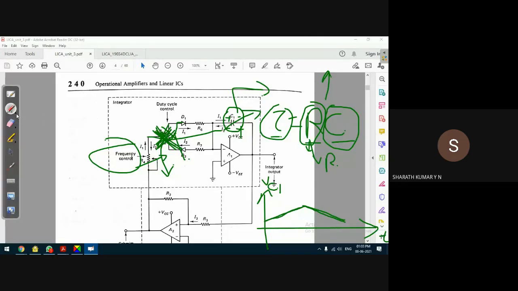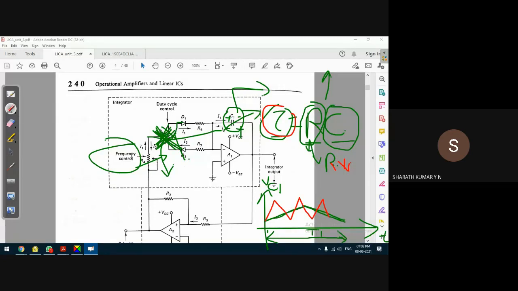Whereas, what if this R value is smaller, guys? If R value is smaller, then this tau is smaller. Tau smaller means it is something like this: charging and discharging, charging and discharging. Observe this green color waveform, the charging and discharging cycle. Let us say this period is T1.